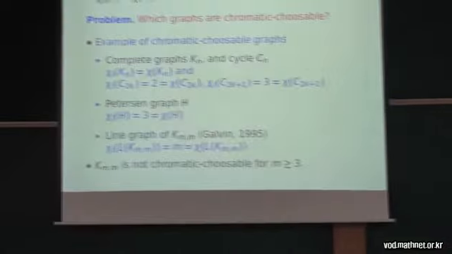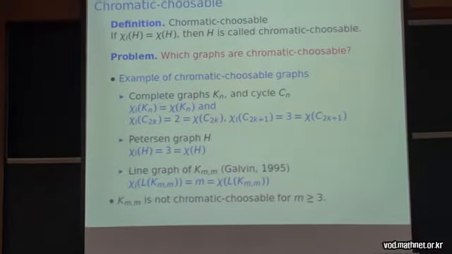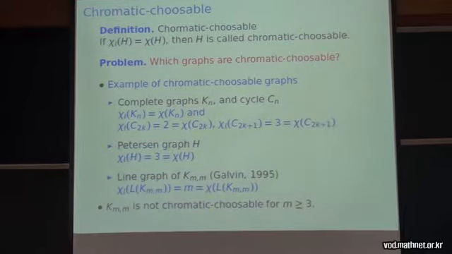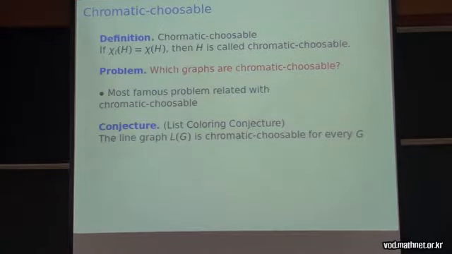So in general, answering this question is not easy in some sense. And the most famous problem in this area is the list coloring conjecture. That is, every line graph of G is chromatic-choosable.